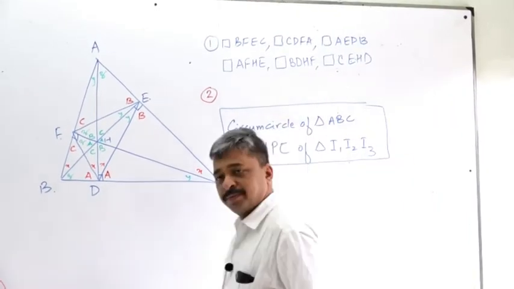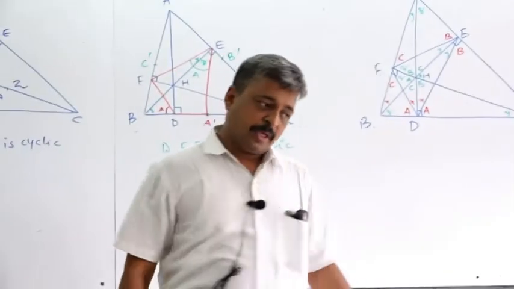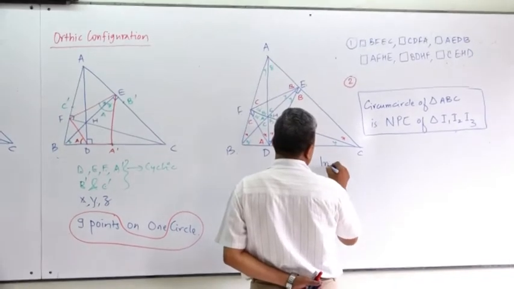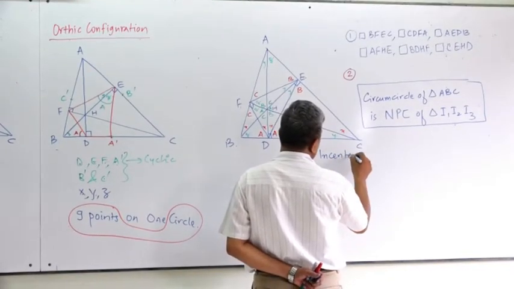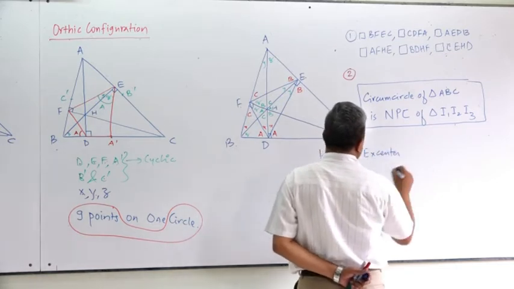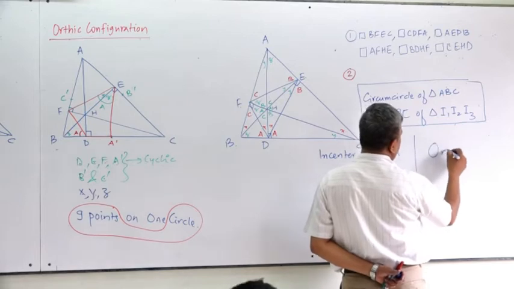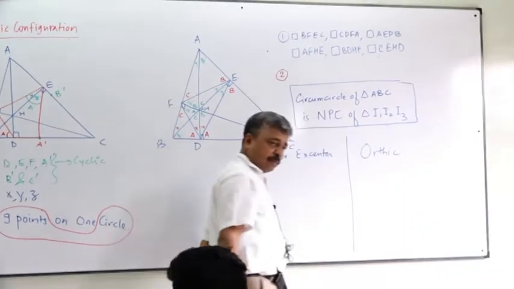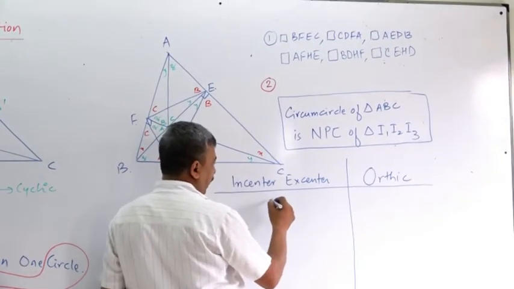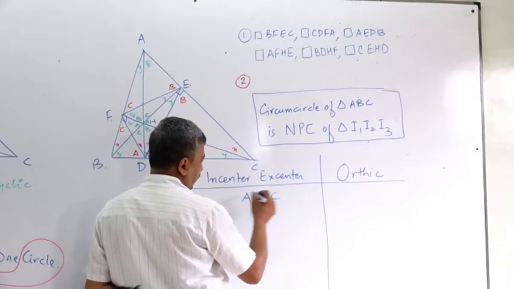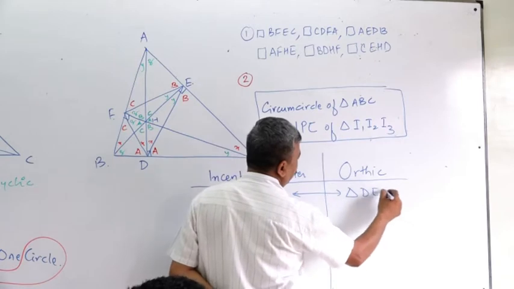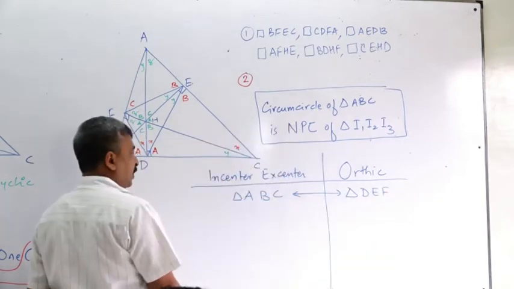Very important. Yes, let me write that also. In-center, excenter versus orthic. Okay. So, in-center, excenter configuration, if we have A, B, C, triangle ABC corresponds to triangle DEF in orthic.